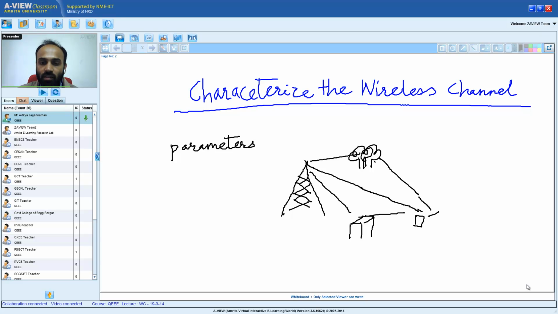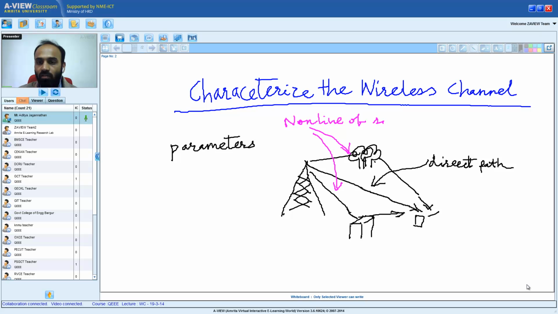So there is a signal. There is a direct path which is the line of sight, and these are the non-line of sight paths. These other paths which are here, which are being reflected or scattered, these are the non-line of sight paths.